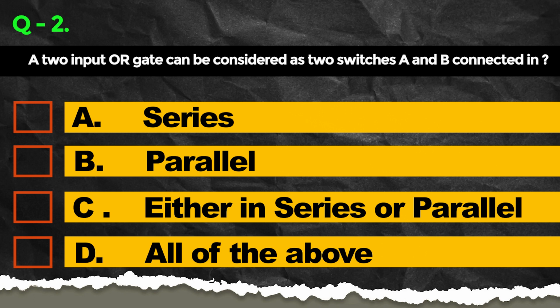When we go through the truth table of an OR gate, we can see that when any one of the inputs is at logic high, the output is at logic high. So if we want to implement the OR gate using two switches A and B, they should be connected in parallel. The right option is B.